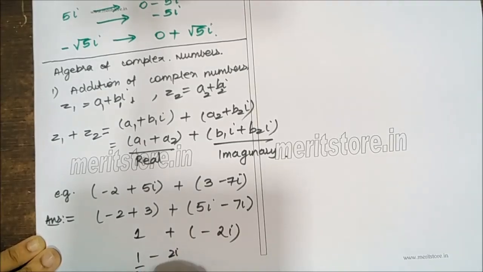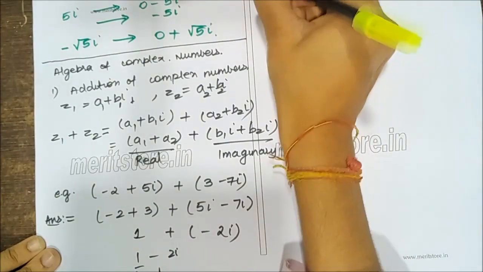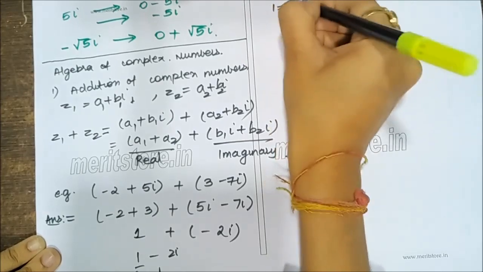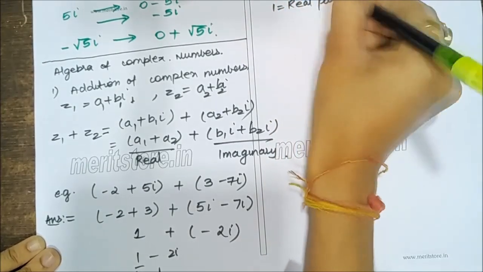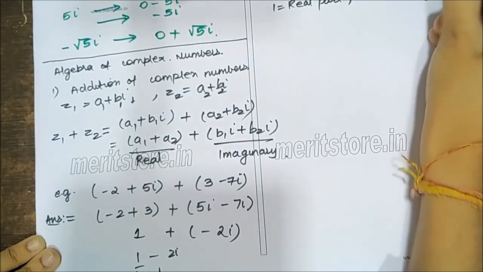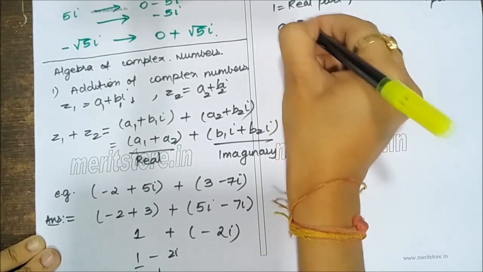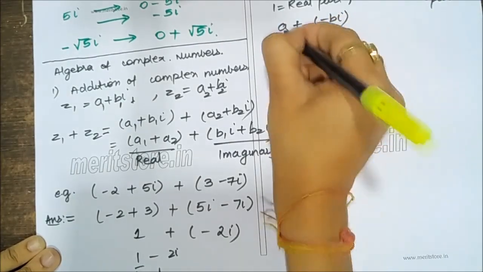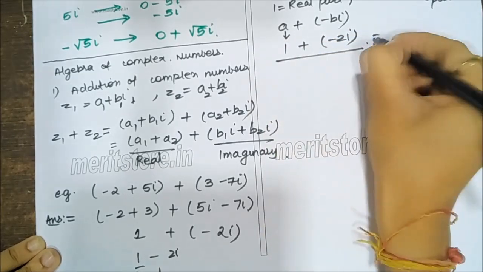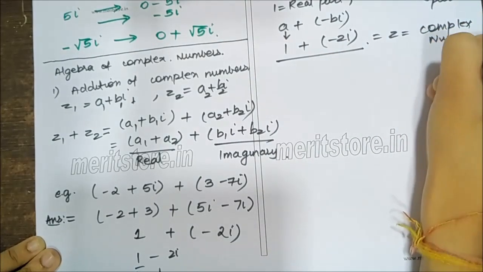So here this is your real part. 1 minus 2i, here 1 is your real part and minus 2 is your imaginary part. That is a plus bi. So here 1 plus minus 2i. This is the form of complex numbers.